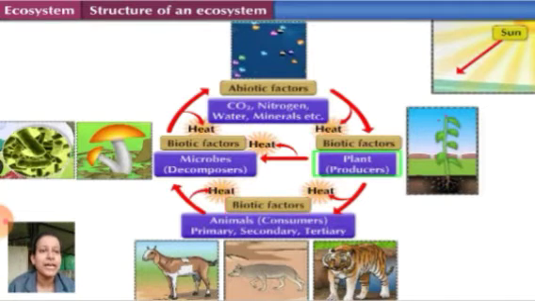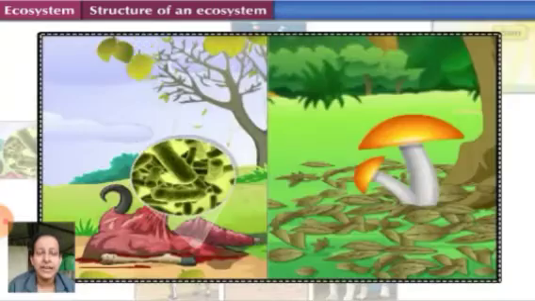So biotic and abiotic factors. When the plants and animals die, the third factor, that is the biotic factors like the microbes, play a major role.